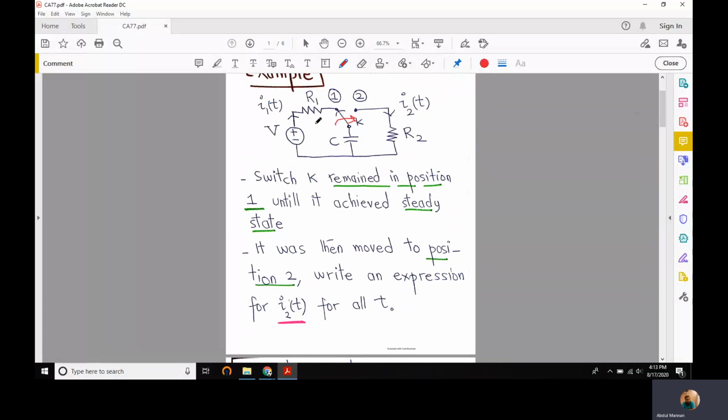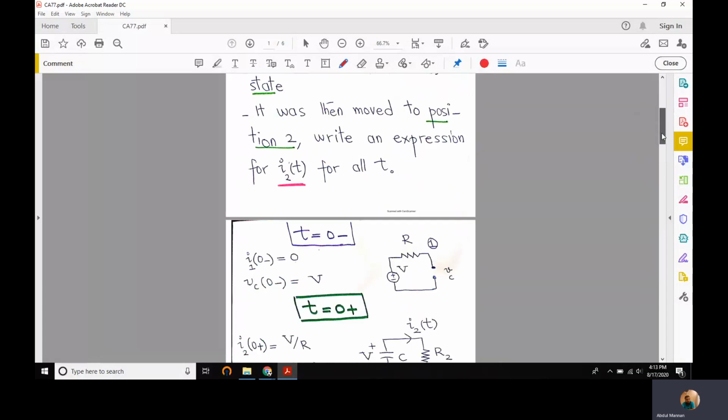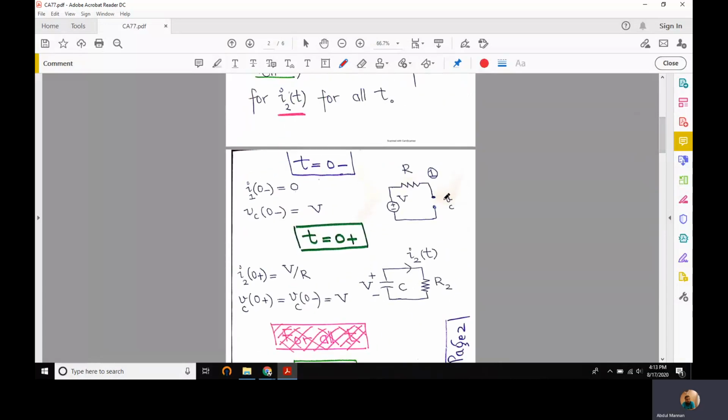The capacitor was charged, and once it is charged, it is open circuited, and the whole applied voltage, capital V, appears across it. So Vc of t is equal to capital V, the supply voltage, because it has been given enough time to charge itself to the supply voltage.